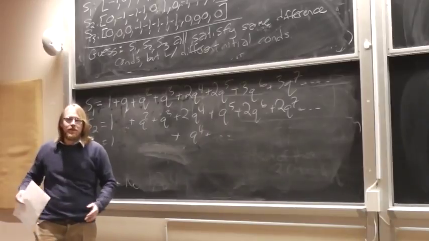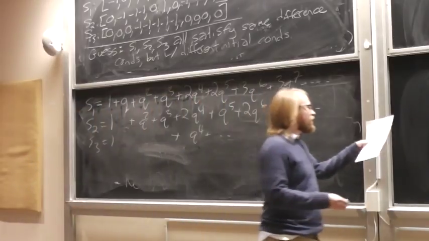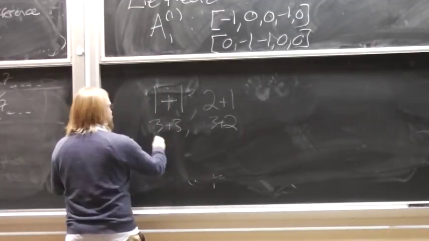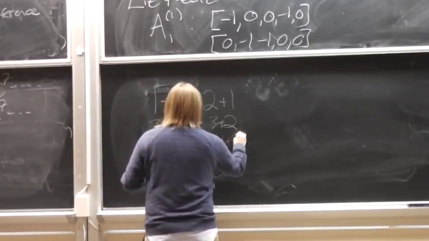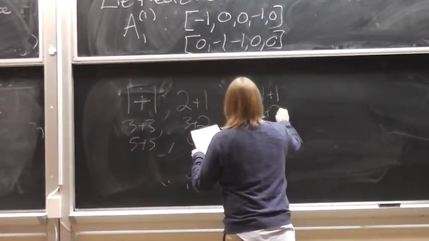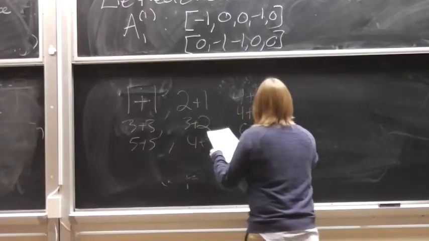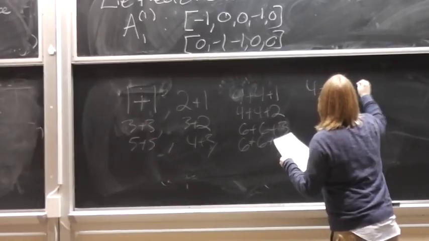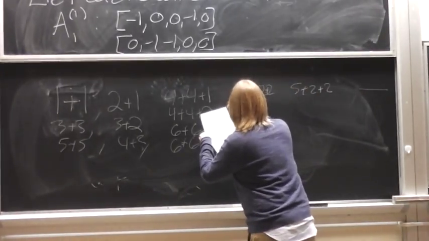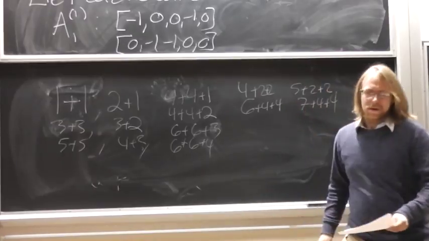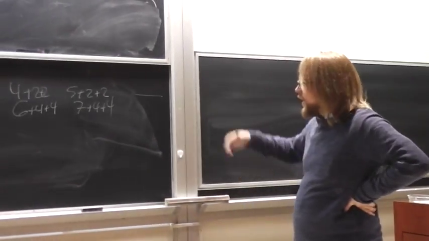After some experimentation, that I'll gloss over, you start getting a list that looks like 1 plus 1, 2 plus 1, a 3 plus 2, a 3 plus 3, a 5 plus 5, a 4 plus 3, a 4 plus 4 plus 1, a 4 plus 4 plus 2, 6 plus 6 plus 3, 6 plus 6 plus 4, 4 plus 2 plus 2, 5 plus 2 plus 2, 6 plus 4 plus 4, 7 plus 4 plus 4.